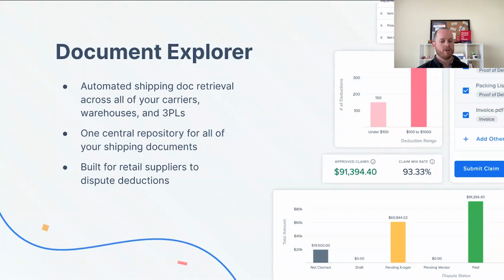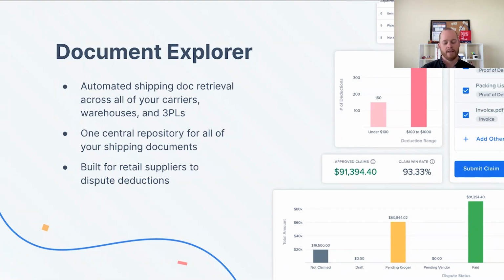And so that's really what we're hoping to accomplish with Document Explorer, is making that execution a lot more straightforward, and making it just easier and more efficient to dispute a shipping related deduction for any retailer. And the way that we're trying to do that is first just automating the actual pulling of the shipping documents.